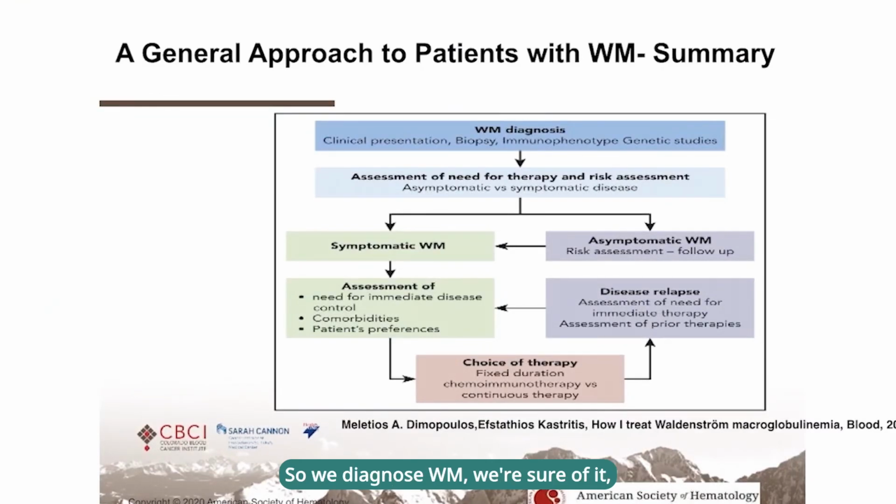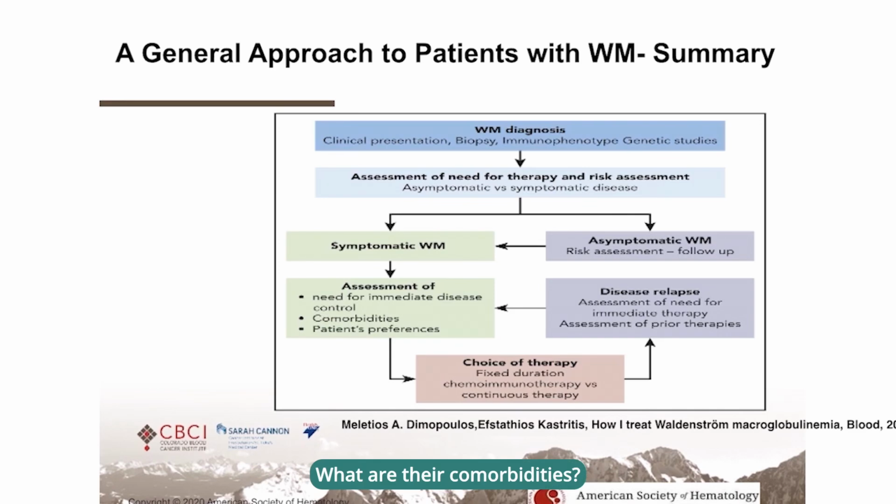So we diagnose WM, we're sure of it, we do the biopsy, we find the IgM, we do the appropriate genetic studies, and then we assess our patients to see if they need therapy. Are they symptomatic or are they smoldering? If they're asymptomatic, we follow them very carefully. If they're symptomatic, then we need to discuss, on the left-hand side here, is there a need for immediate disease control or not?